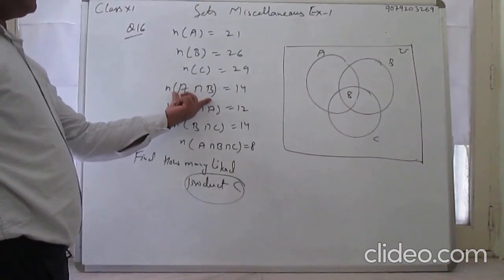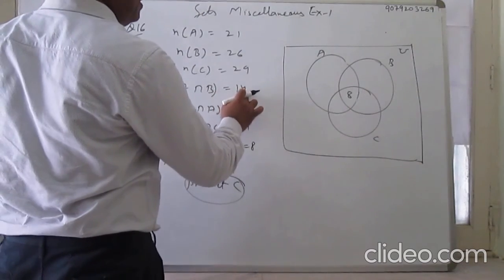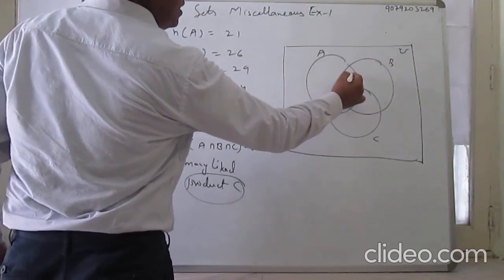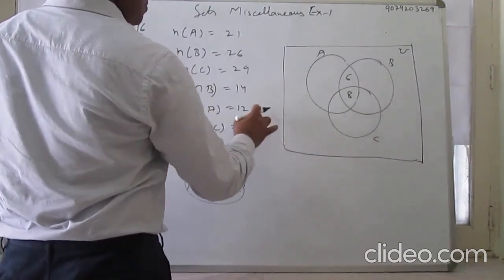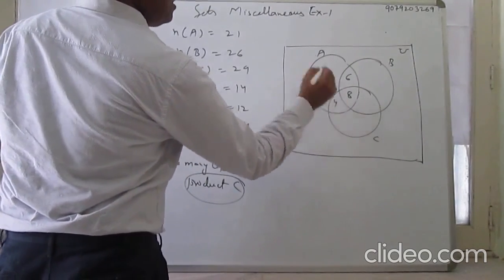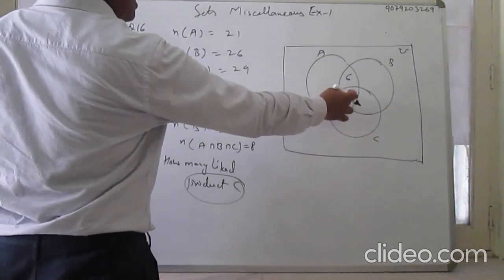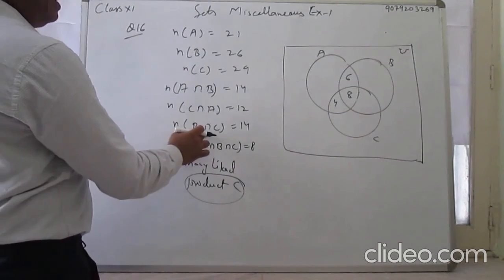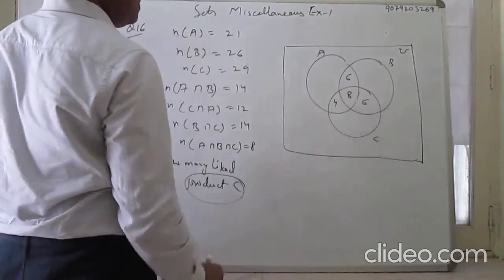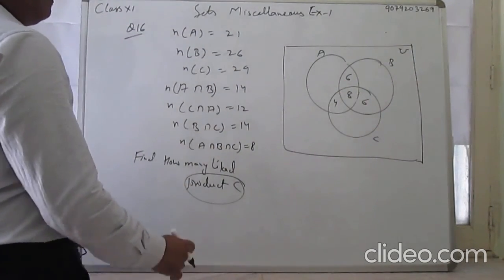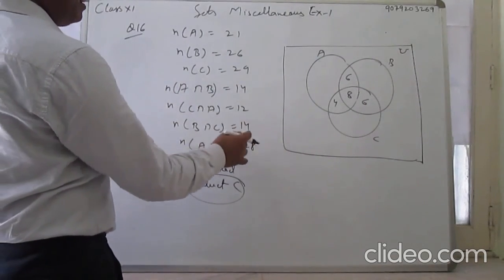Now A intersection B is 14, 8 is already here, so it is 6. C intersection A is 12, so here it is 4. B intersection C is 14, 8 already है, here it is 6.